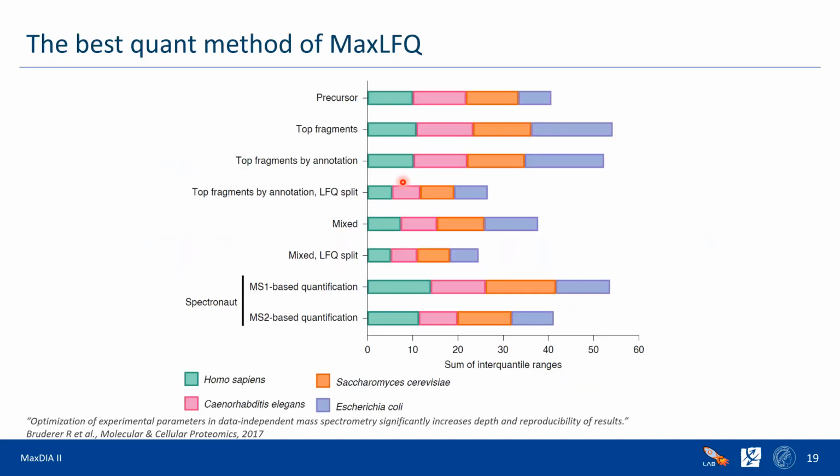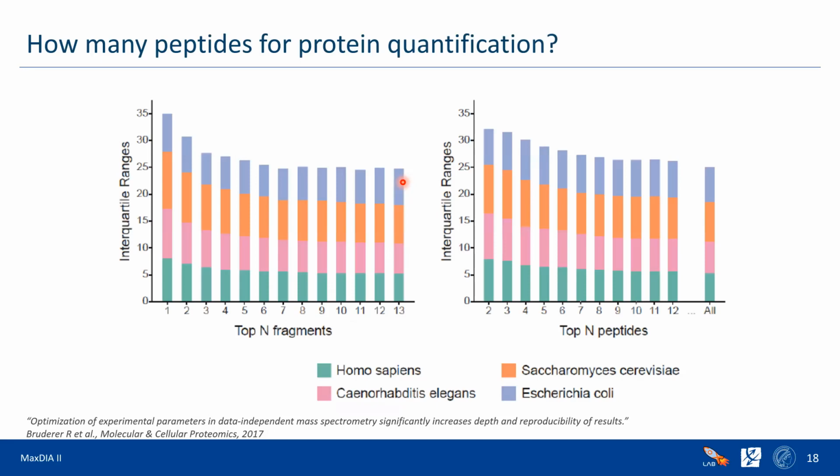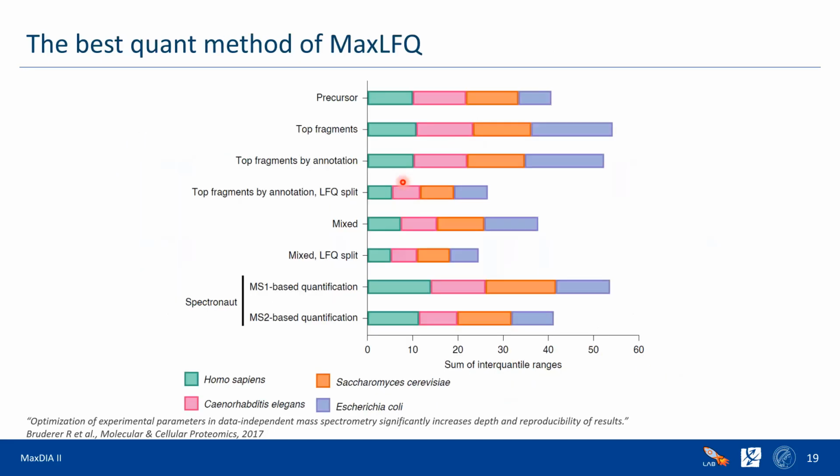Cool. So yeah, we discussed different parameters here, but conceptually we may quantify a DIA experiment using different quant methods. Let's say precursor. What does it mean?